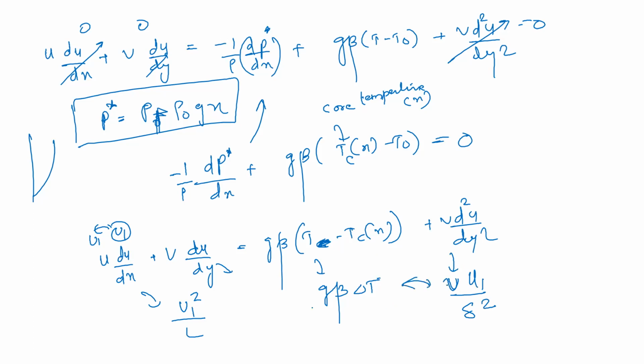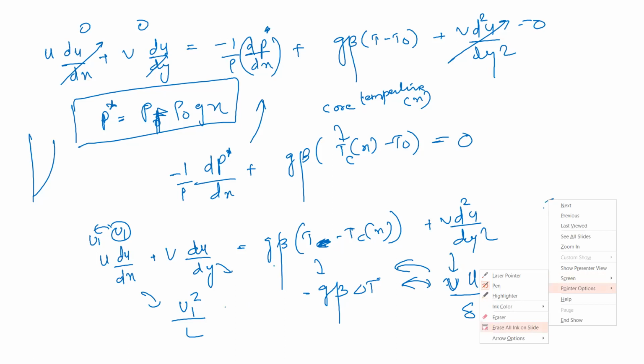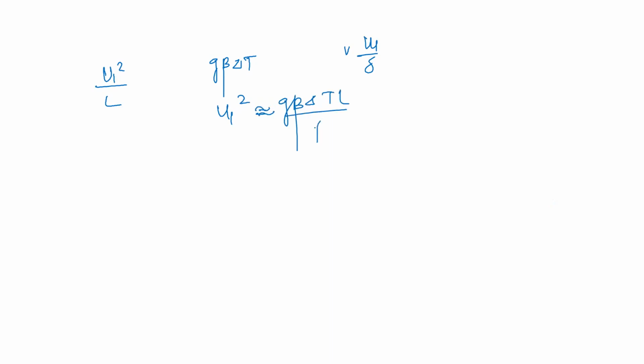So this scales with this value. This also scales with this. So we can use this because we need g beta. So U1 square by L scales with g beta delta T, and V U1 by delta. So from that we will get U1 square is equal to g beta delta T. So it's not equal, it's scaling. g beta delta T by Prandtl number, mu by alpha comes.